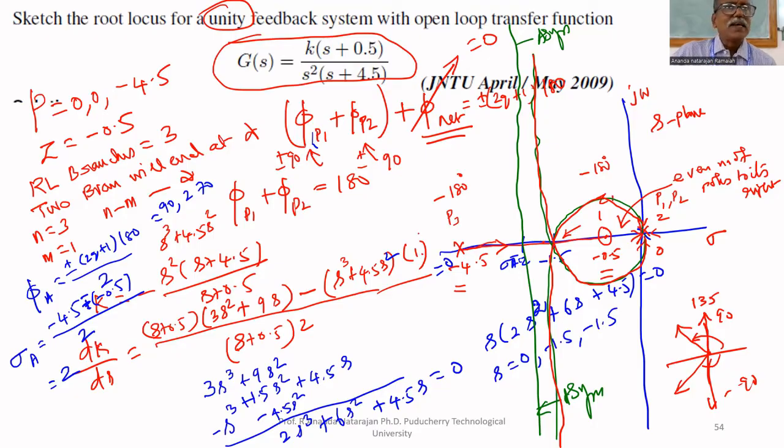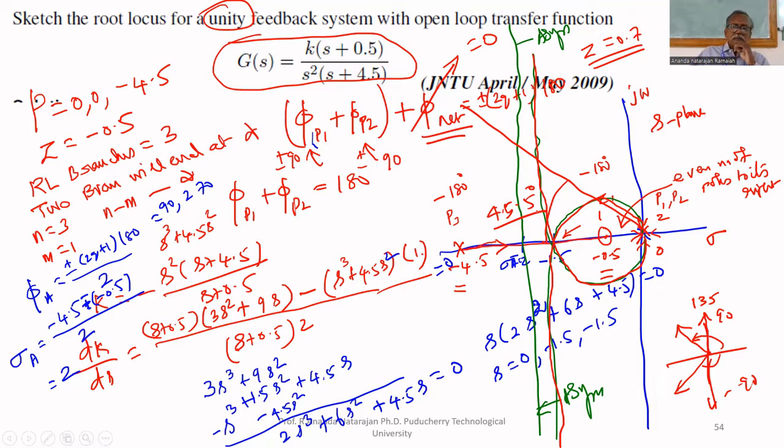Suppose I want to find, here also, zeta equal to 0.7. For that, find the value of k. Find the value of k for zeta equal to 0.7. So for zeta 0.7, we have to draw a line at an angle of 45.5 degrees. Am I correct?